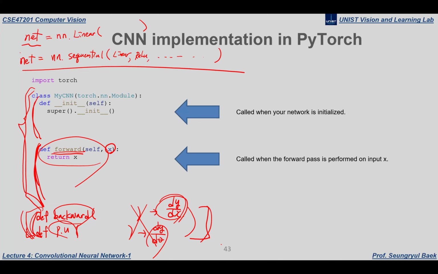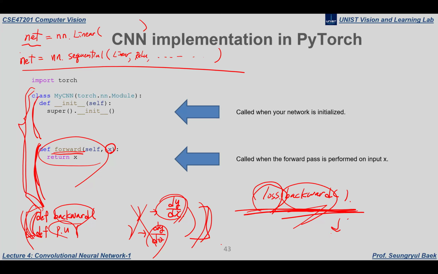Without explicitly implementing it, you may remember that you can call loss.backward. This backward function is already implemented in the parent class, so even though you didn't implement it, it can be called. The loss is the last variable of the architecture, so if you call it, the gradients of every parameter are calculated from the last node, which is the loss function.